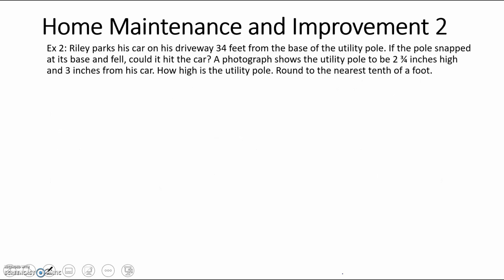So just like before, the simplest thing is to start by drawing an image. So let's draw this situation. So we have this utility pole. Okay, so there's our utility pole. It's holding up the electrical wires. And then we have Riley's car.